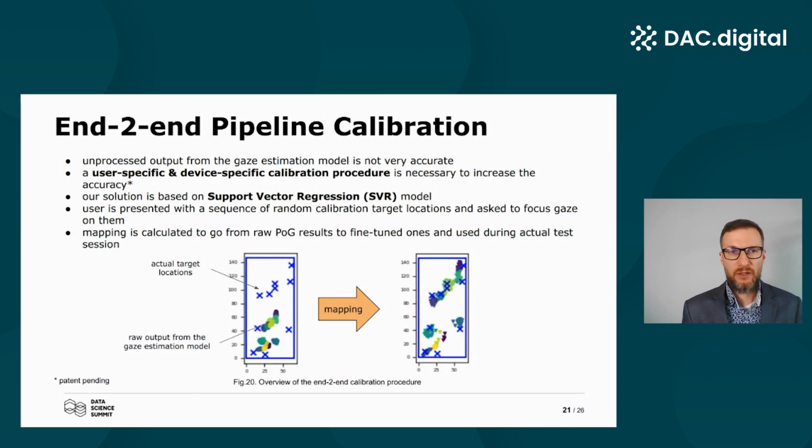Once this mapping function is calculated, it can be used during normal operation of the pipeline when the user is exposed to various content and no ground truth is known. Below, you can see the result of end-to-end pipeline calibration. On the left is the raw unprocessed output from the gaze estimation model. On the right, you can see how those inaccurate POG locations have been transformed to much more accurate.